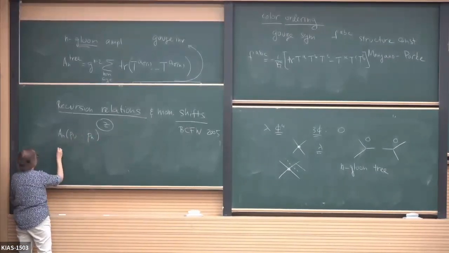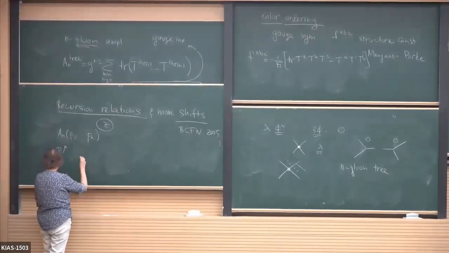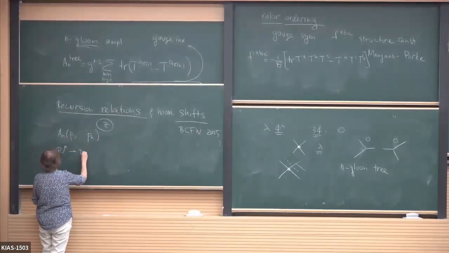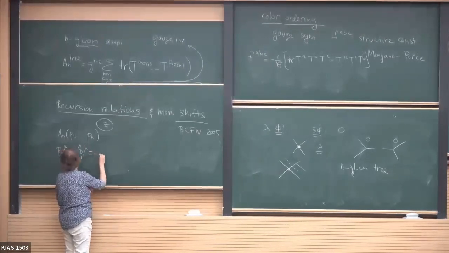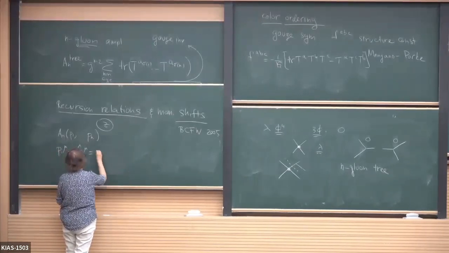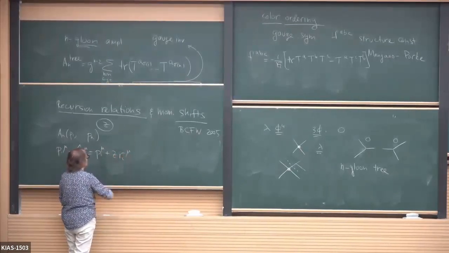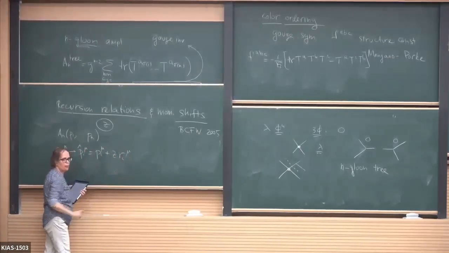Then we can do the following thing. We can take each one of the momenta, Pi, and shift it to some shifted momentum, which is given by the original Pi plus Z times some 4-vector R.